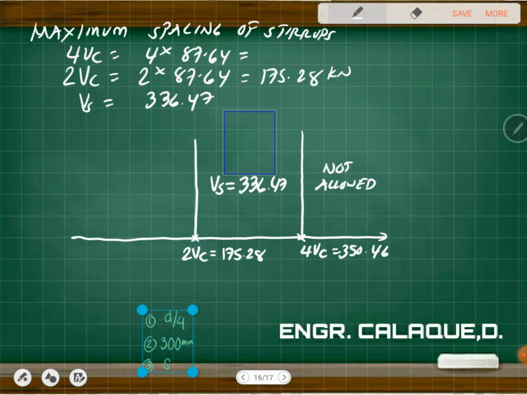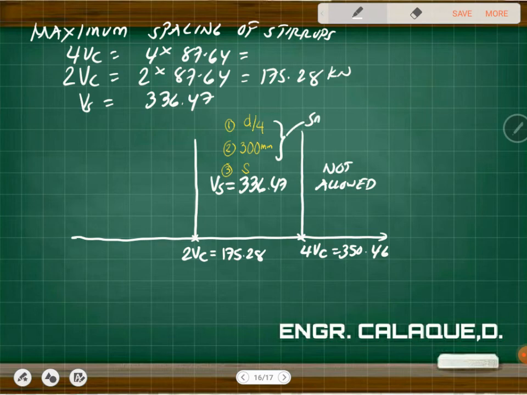Okay. So, pili tayo dito smallest value. Okay? So, yung D over 4, that is 450 divided by 4.